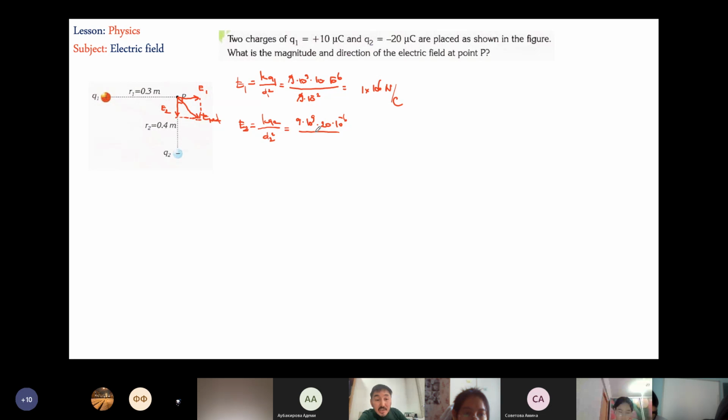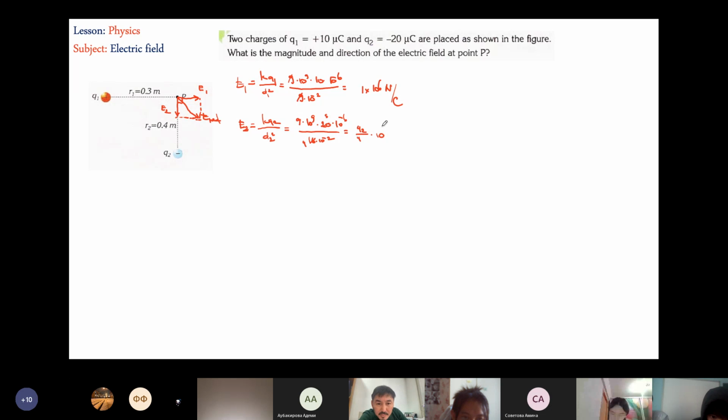Now I take the square here, 16 times 10 to the power of minus 2. I can simplify, and I'll have 5 over 4.